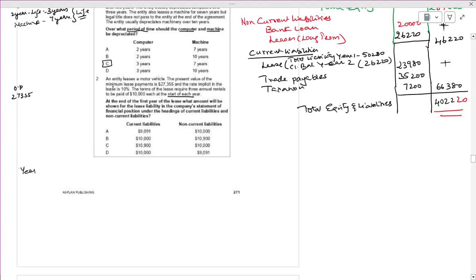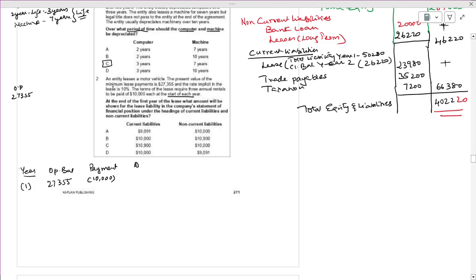Beginning of the year, opening balance. The opening balance is 27,355. Year 1. Beginning means first you have to deduct the installment amount, because you are paying in the beginning. Then you will get the difference.